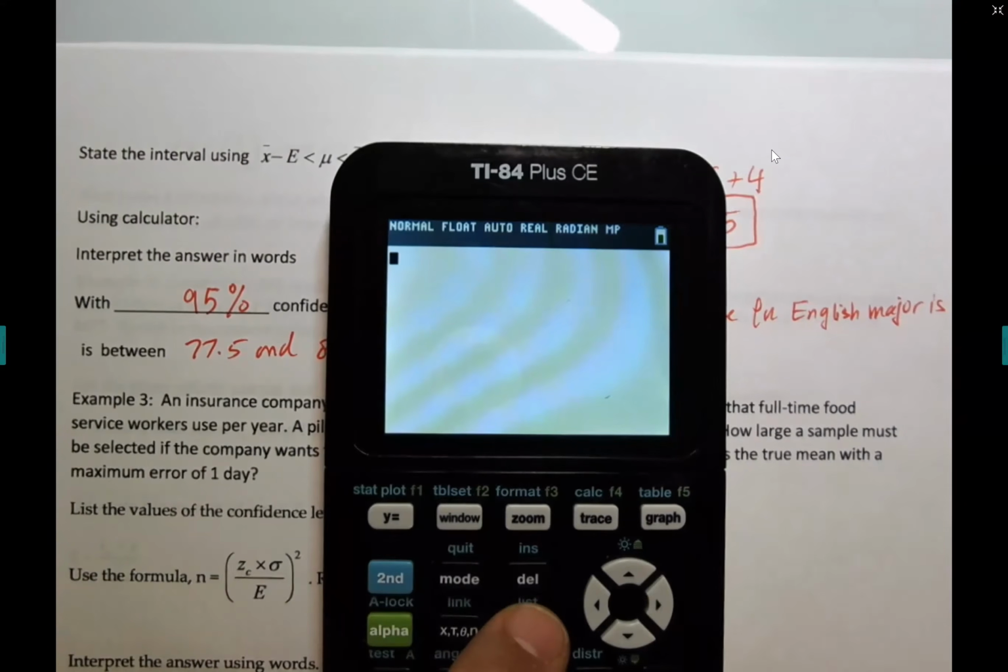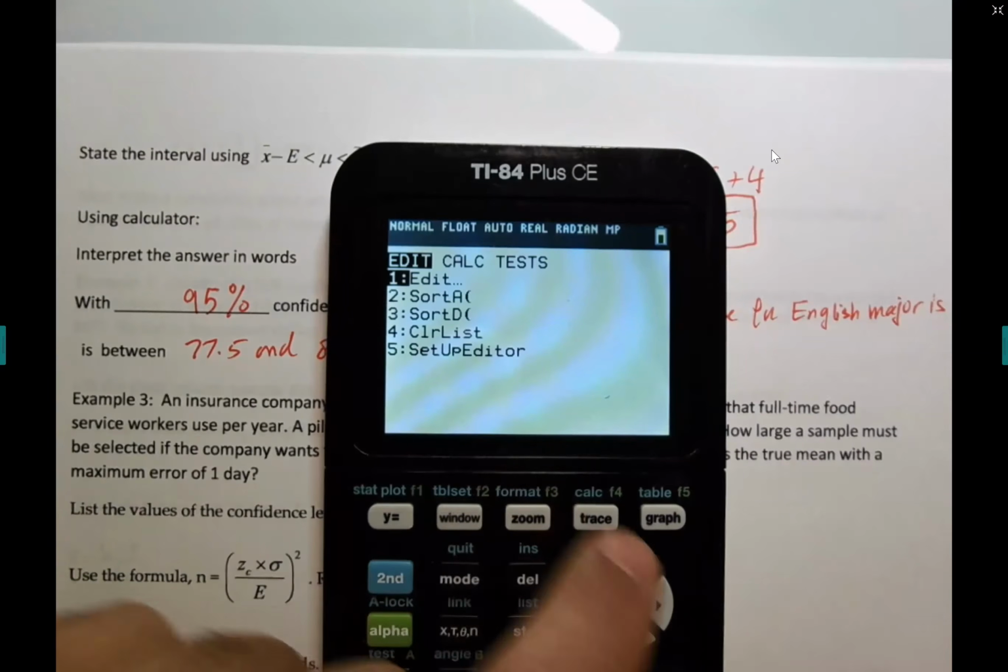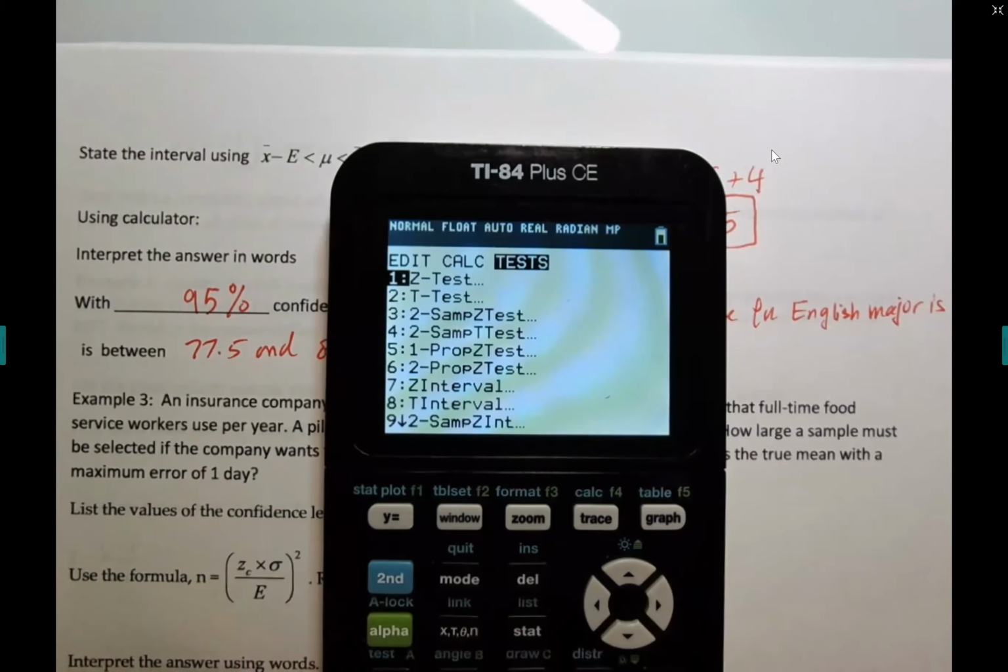From now on, guys, from chapter 6 onward till the end, it's gonna be stat and tests. And then I'm gonna show you where we're heading for section 6.1. Any guess? It's on this screen.